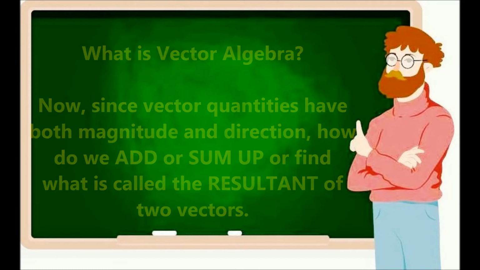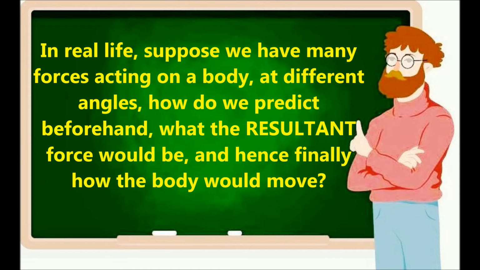I'll explain. In real life, suppose we have many forces acting on a body at different angles, say 10 forces. How do we predict beforehand what the resultant force would be, that is, how much it will be and in which direction the body will go, and hence how the body would move?